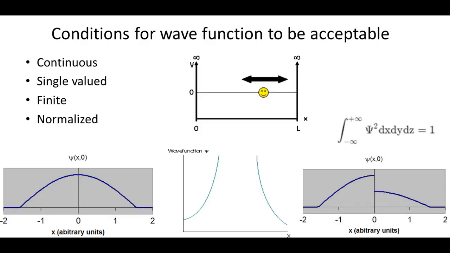It must definitely be present somewhere inside the box, and that condition is known as the normalization condition. This can be represented in equation form as the integral from minus infinity to plus infinity of psi square dx dy dz is equal to 1.